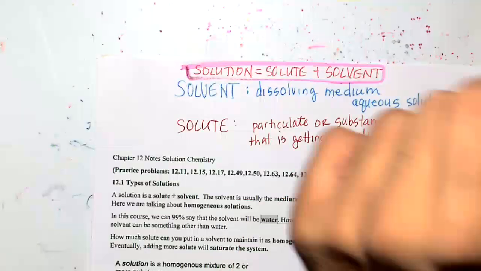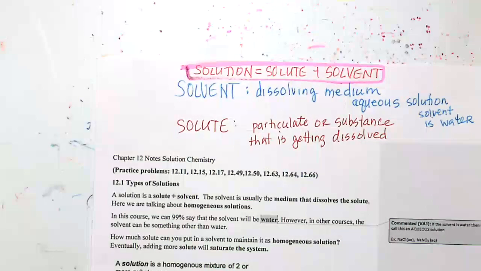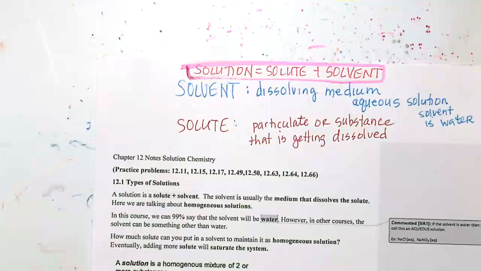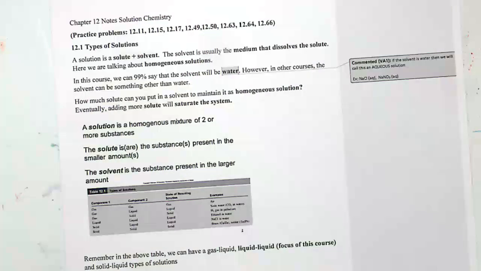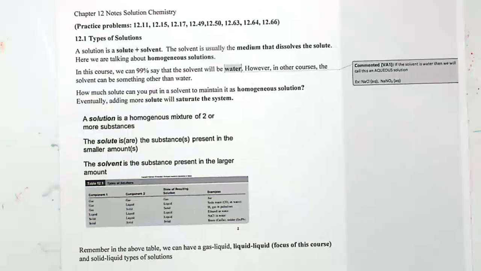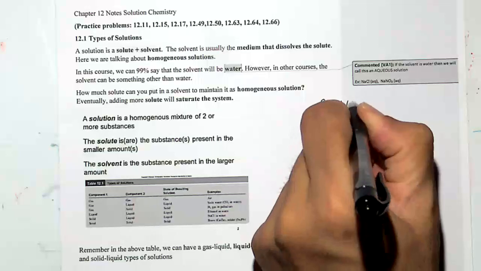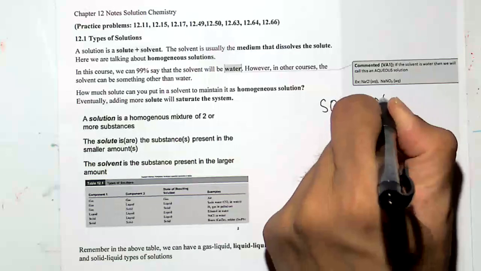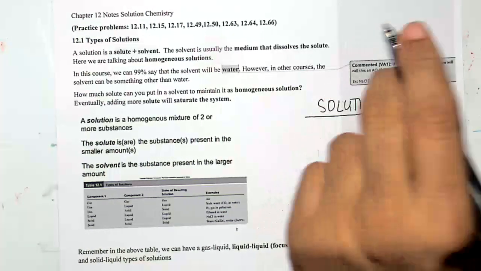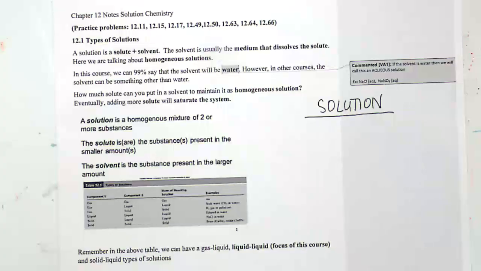Okay, but if our solvent system is water, it has to dissolve, has to be soluble, not insoluble, then you have an aqueous solution. Okay? So what we've done here is we've made a solution, right?